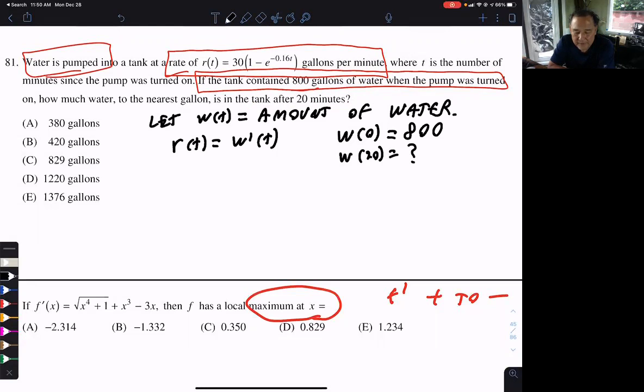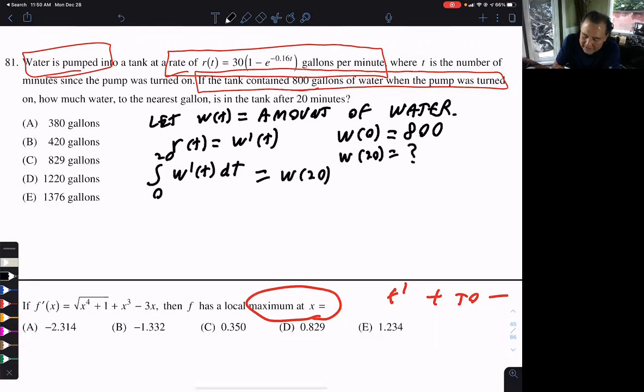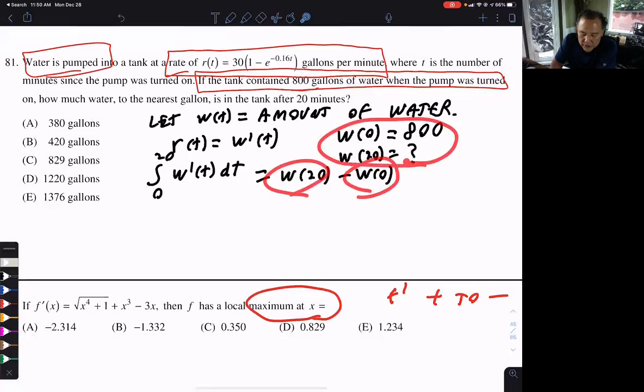Okay, this is the fundamental theorem of calculus. If we integrate W prime of t dt from 0 to 20, that's going to be W of 20 minus W of 0. Now I'm doing this to show, hey, W of 0, W of 20, that's involved in our question. And the integral, what's W prime? That's just R of t.